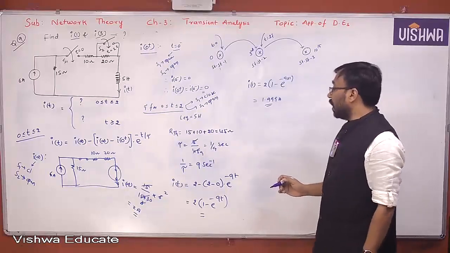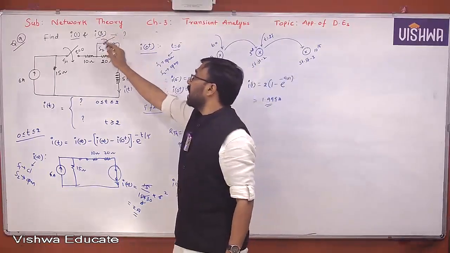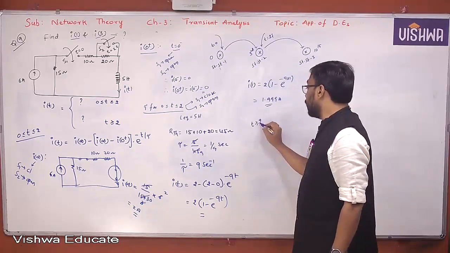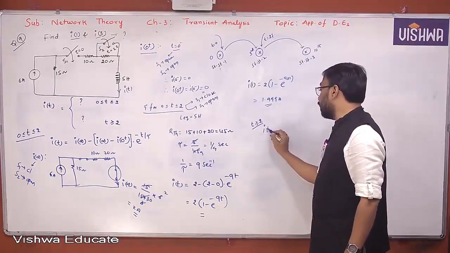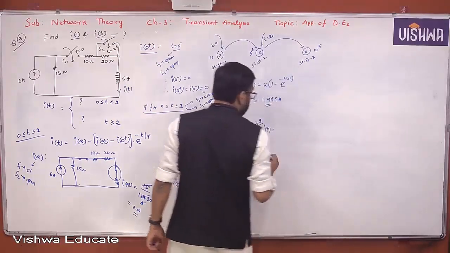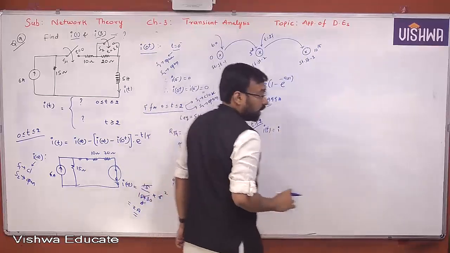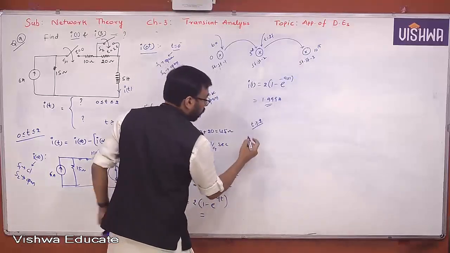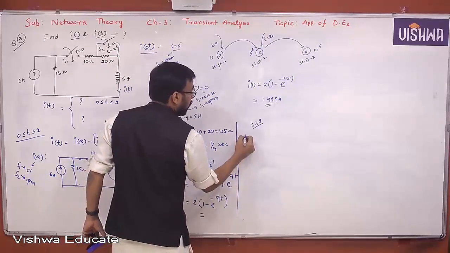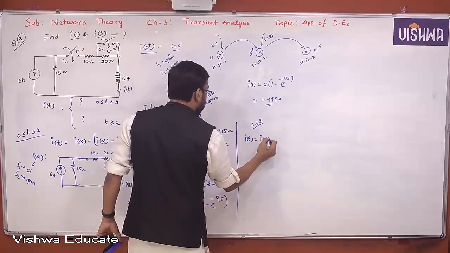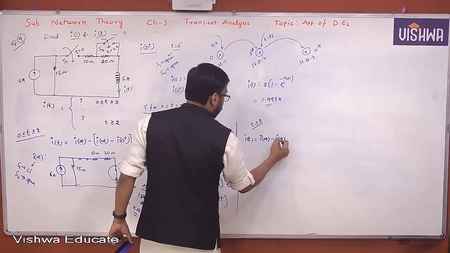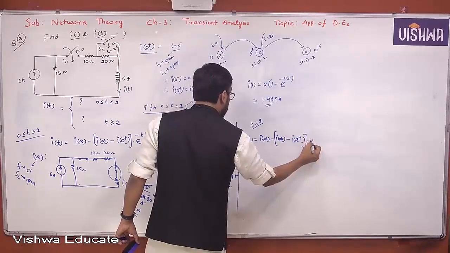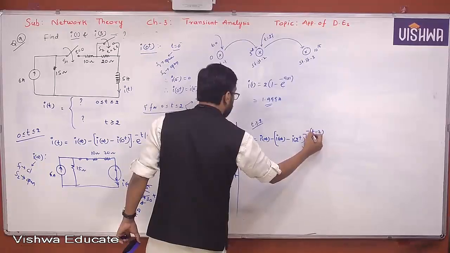Now, what about your next question here? I of 3. For I of 3, definitely you require the time response for t greater than or equal to 2. That is nothing but I of t is equal to I of infinity minus, I of infinity minus I of 2 plus, I hope you understand this, into e power minus (t minus 2) by tau.